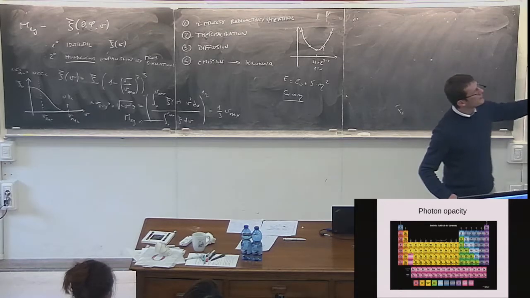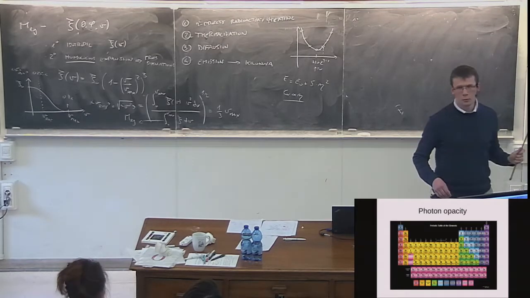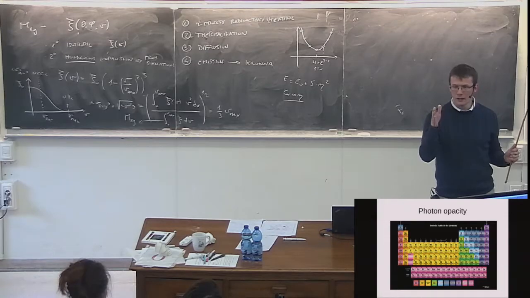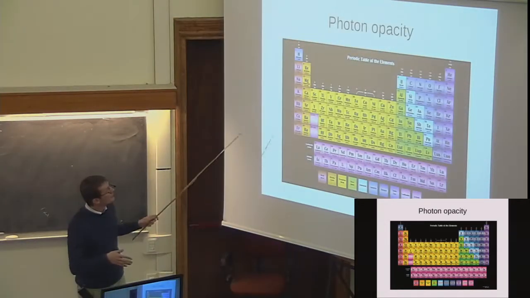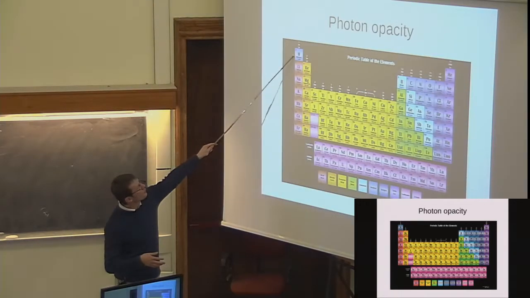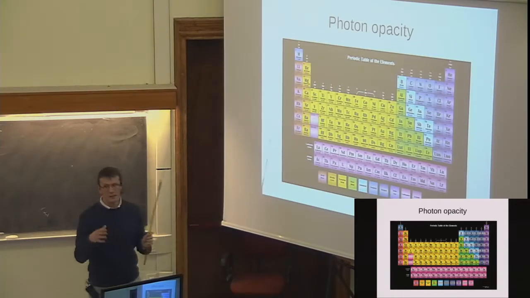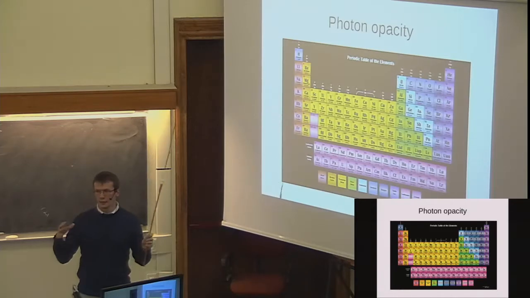The fact that you can put the elements in an ordered way depends on the fact that they fill the same shells. There is an electron shell structure, and the farther you go down from hydrogen to lanthanides and actinides, the more you fill electron shells.